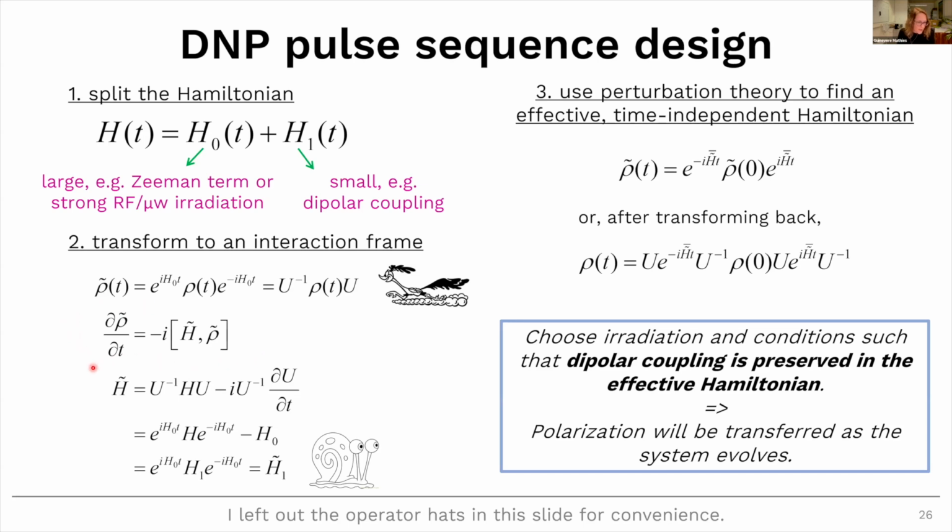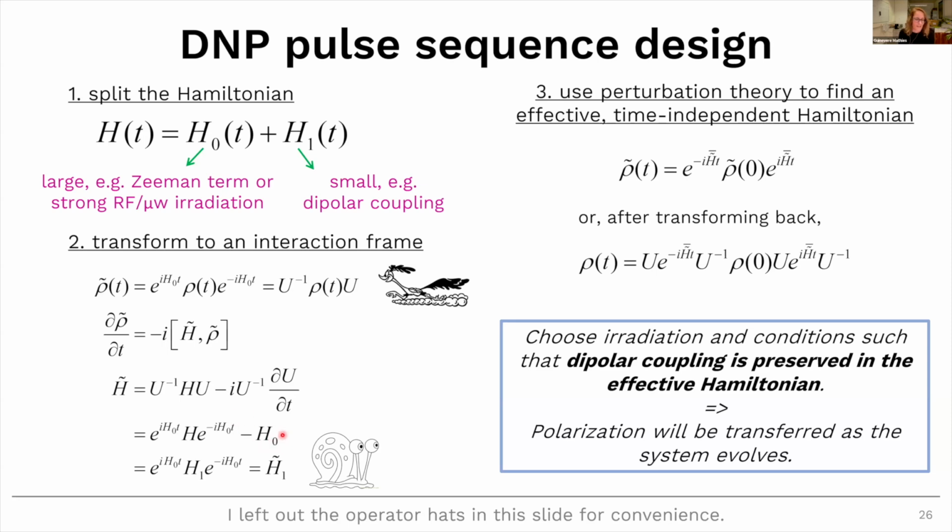If I now look at the shape of my Hamiltonian, I'll see that it looks different. It has transformed in the interaction frame following this equation. This is just my original Hamiltonian where I have applied my unitary transformation, and this term just comes from the product rule. But when you fill this in, you see that this transformation has exactly the effect that we want, because it removes the large part of our Hamiltonian that we're anyway not interested in.